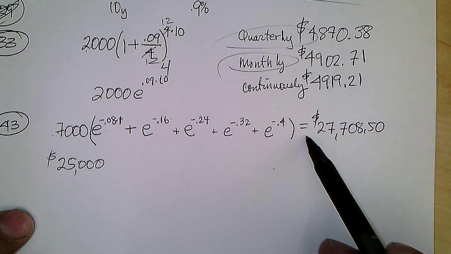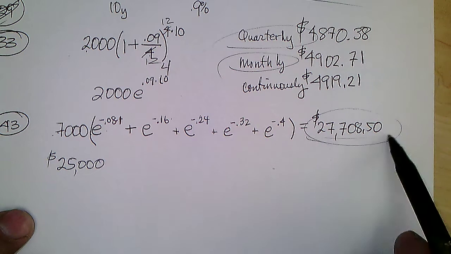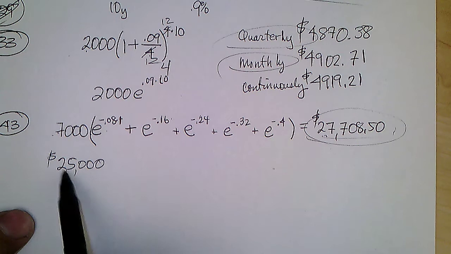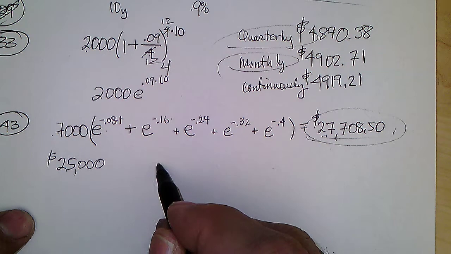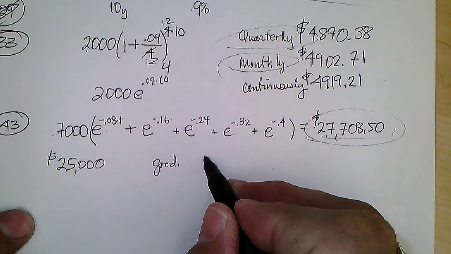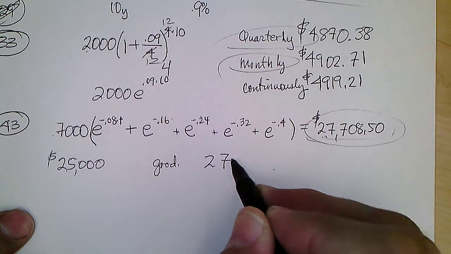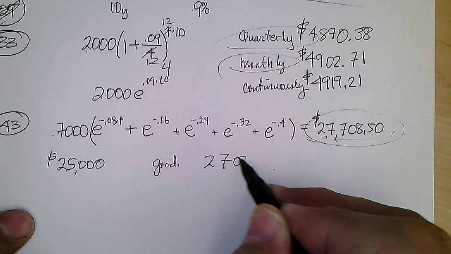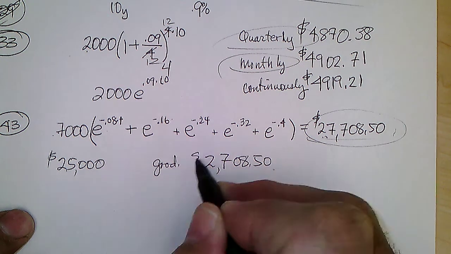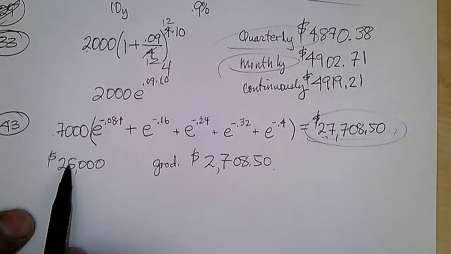Well, the value of the savings, the money returned in present value, would be 27, and it costs you 25, so it would be a good investment. And in current dollars, it's going to save you $2,708.50. Just that minus the 25,000.